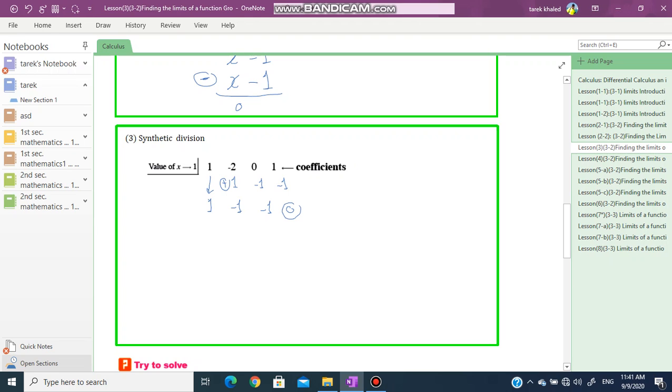The free term will be 0. So it will be x power 3, x power 2, no x, and the free term from x is 1, here x minus 1.